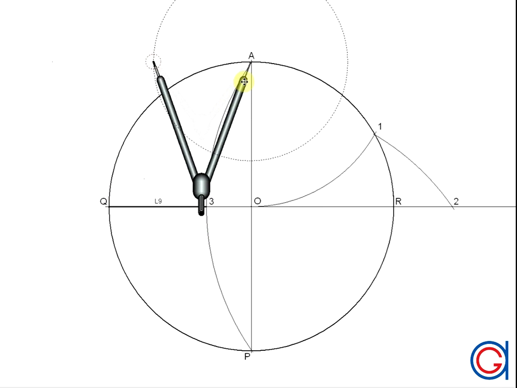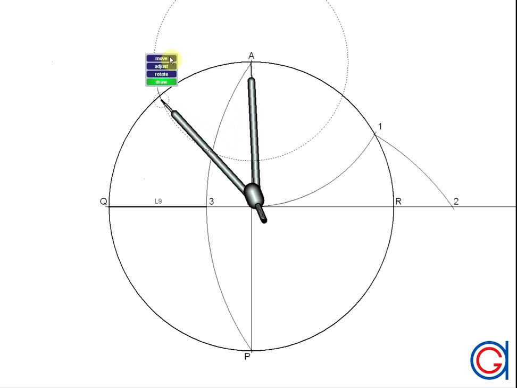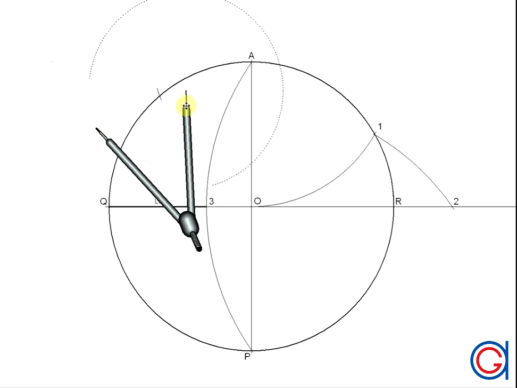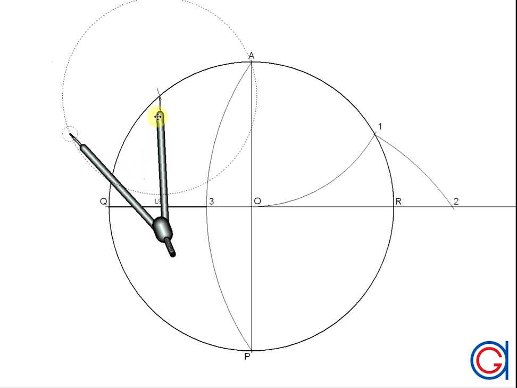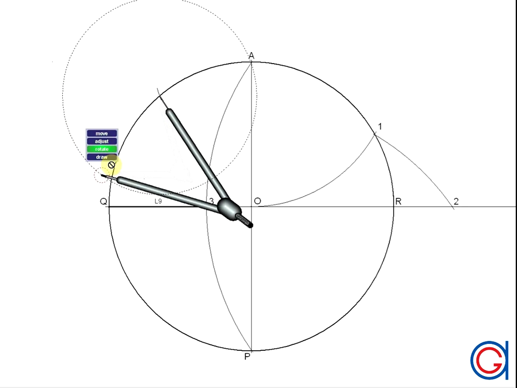And now, setting our compass on point A, we scribe our first vertex. And again, with the same radius, setting our compass on the previously scribed vertex, we scribe our second.